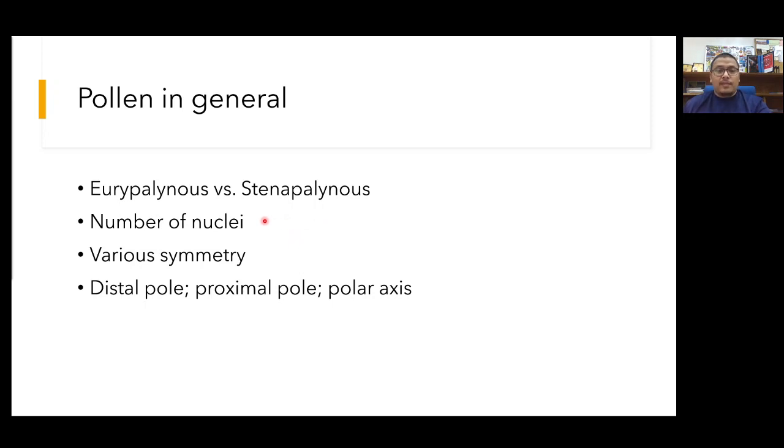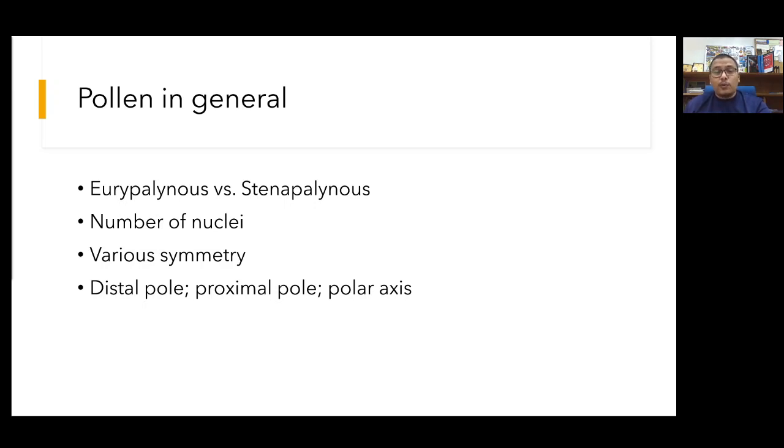So certain families have only one type of pollen, we call it Stenopalynous, and if we have several types of pollen in one plant, we call it Eurypalynous. Okay. And such Eurypalynous groups are of considerable significance in systematic palynology. So a lot of research on this. So pollen grains also present a number of features of taxonomic interest.